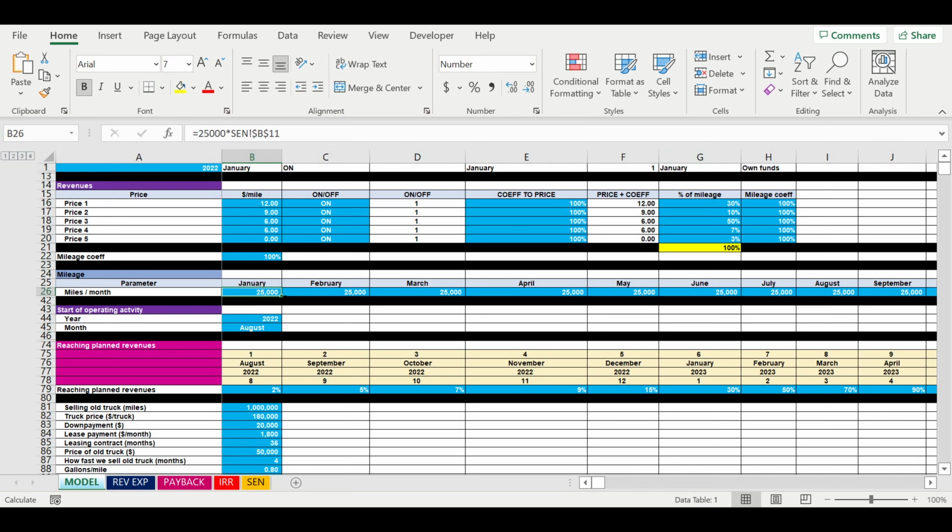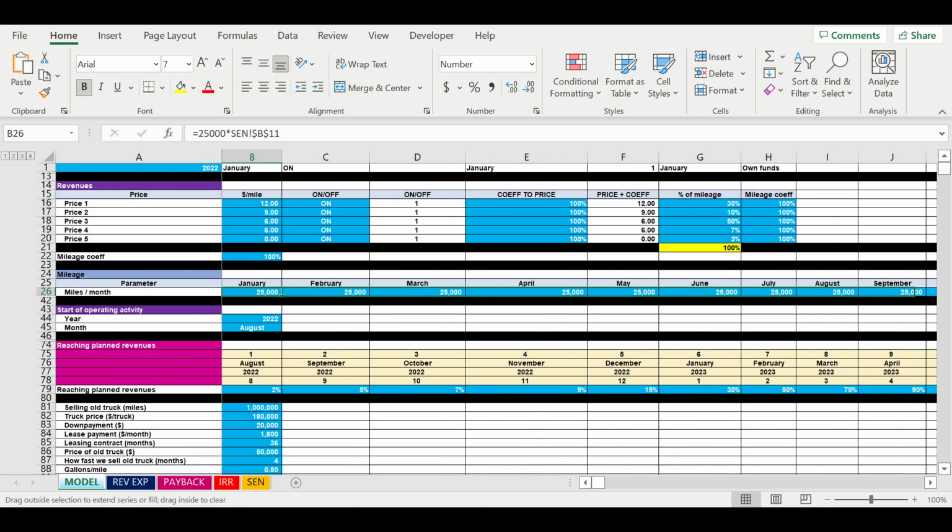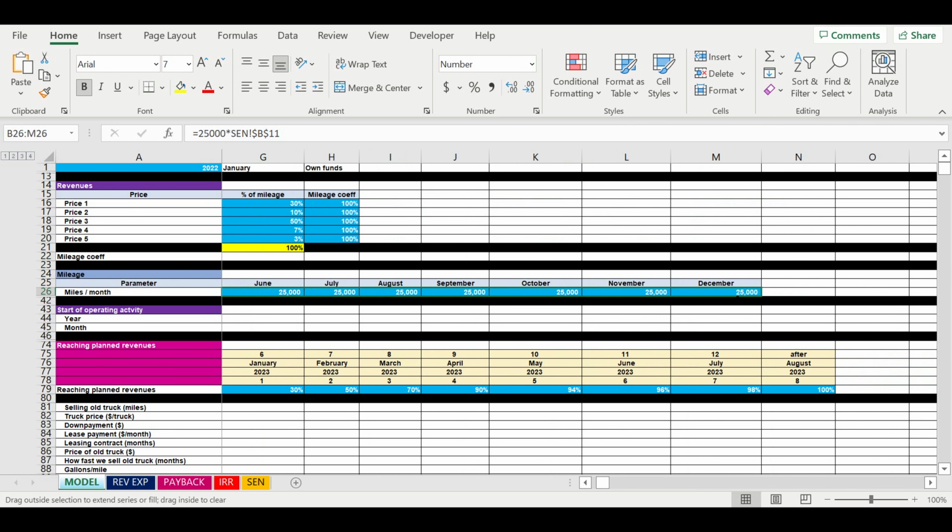Then we will extrapolate this formula to the whole of our typical year. So now we have our sensitivity analysis coefficient added.